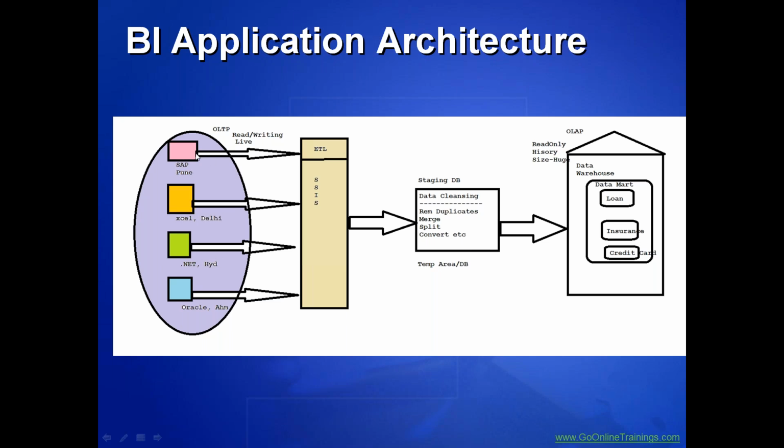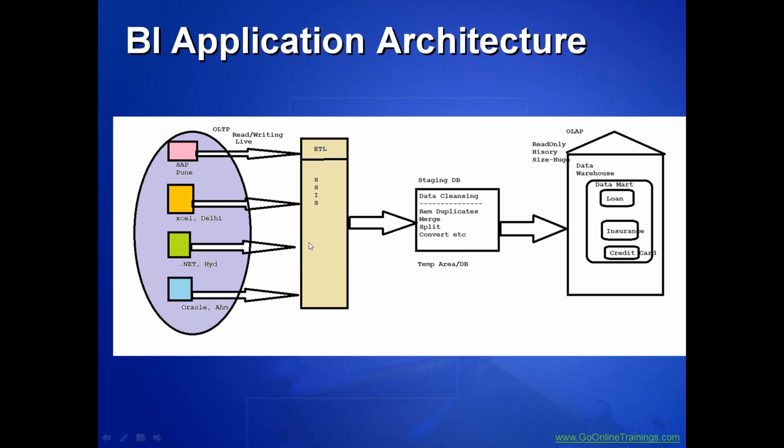Staging is a replica of the source only. Remember this point. Staging is a replica of the source only, because if the source has 10,000 rows, the same data we're going to get here. 10,000 rows as they are, you copy, extract the data, load the data. You need not do any kind of transformation now.